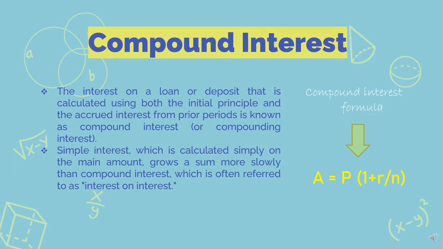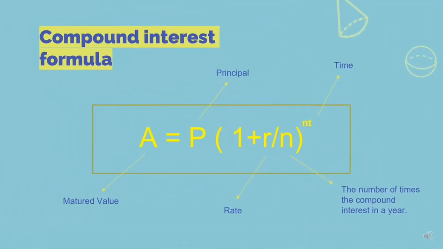So let's look at the compound interest formula. The formula is A = P(1 + R/N)^(NT). Next, let's look at the compound interest formula one by one.